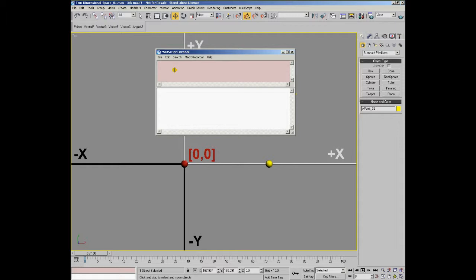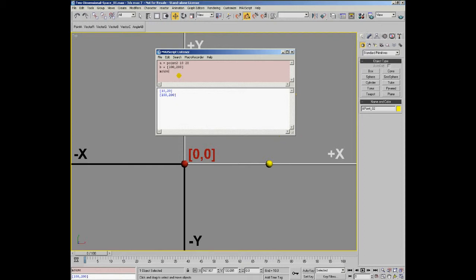A Point2 value can be constructed by using the Point2 constructor and then the two coordinates, or by just specifying the coordinates in rectangular brackets. Such values are very often used to represent image coordinates, screen coordinates.